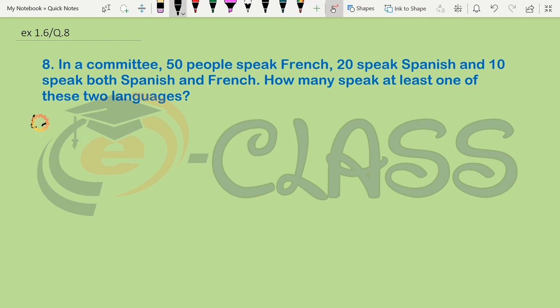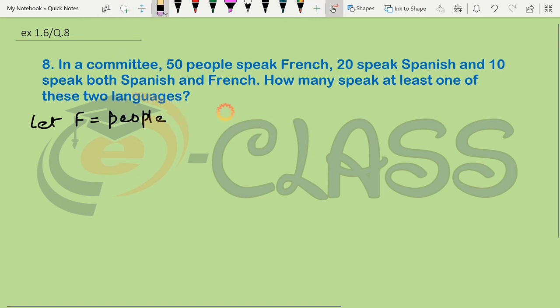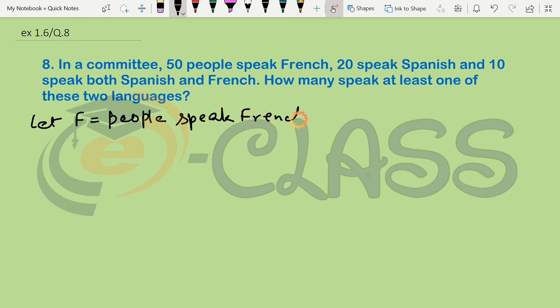So let F equal people who speak French and S equal people who speak Spanish.